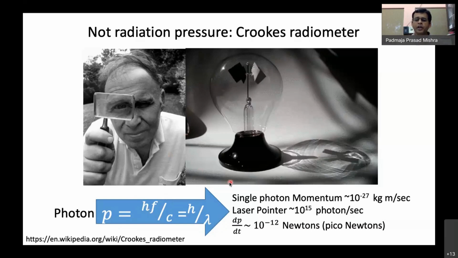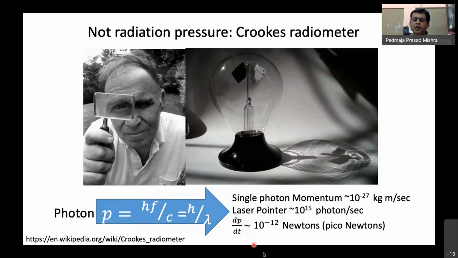A single photon has a mass of about 10 to the power minus 27 kilogram and a momentum of 10 to the power minus 27 kilogram meter per second. And a laser pointer has about 10 to the power 15 photons per second. If you calculate the change in momentum of this laser pointer, it comes in the range of piconewtons, about 10 to the power minus 12 newtons.